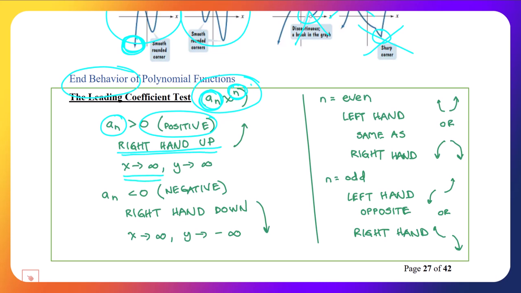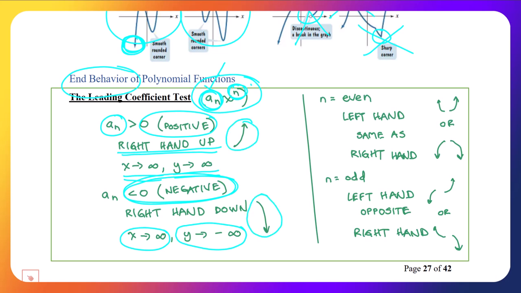Right, x goes to infinity, up, y goes to infinity. If the number in front is negative, less than 0, then the right hand goes down. Right means x goes to infinity, but down means y goes to negative infinity. So right hand up, right hand down.